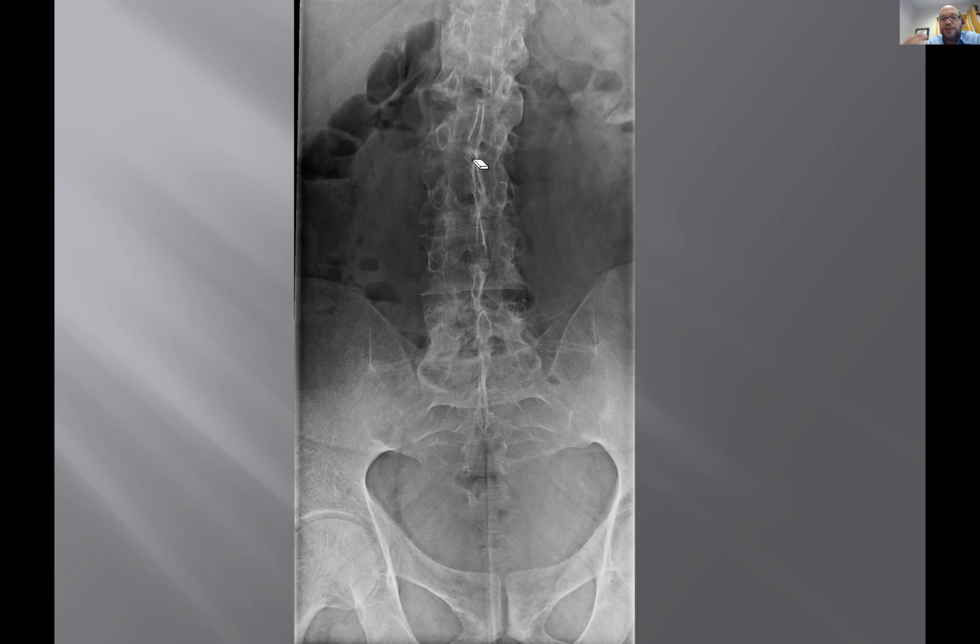So there's your hint. So what is not visualized, if that's true, what you're seeing at L5? Or let me say it this way. What's fused here? SI joint. Exactly.